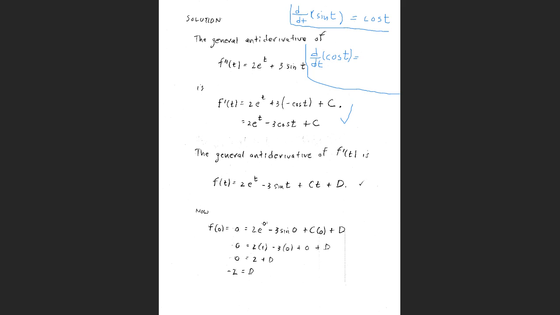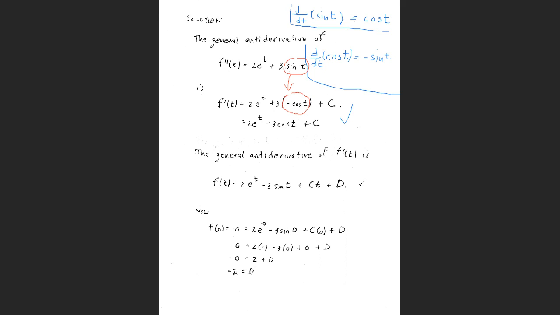So we're saying the antiderivative of the sine is minus the cosine, right?